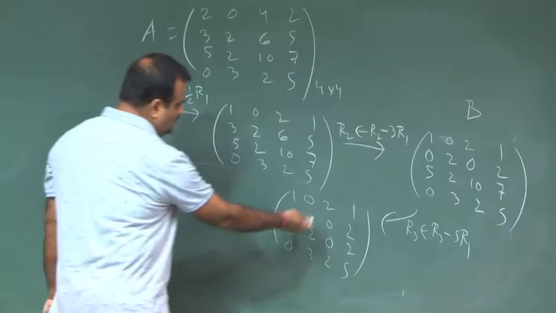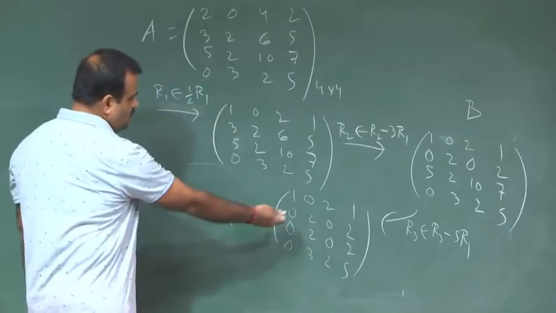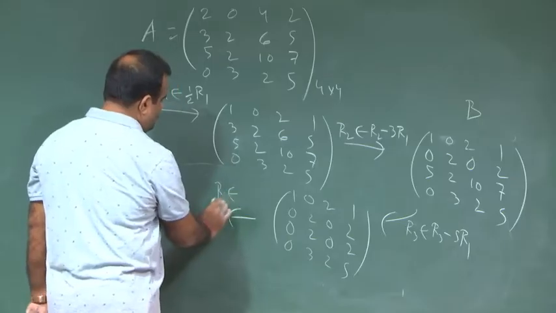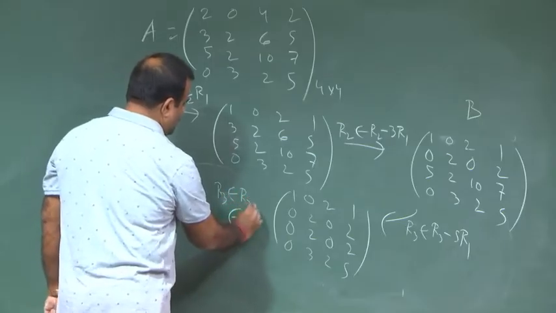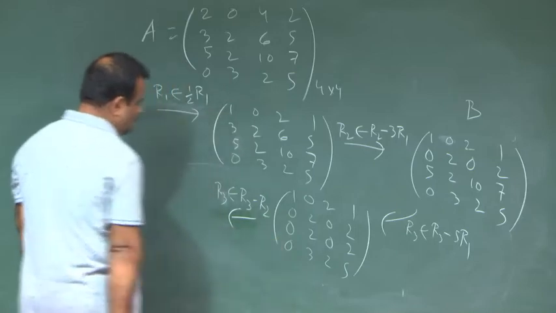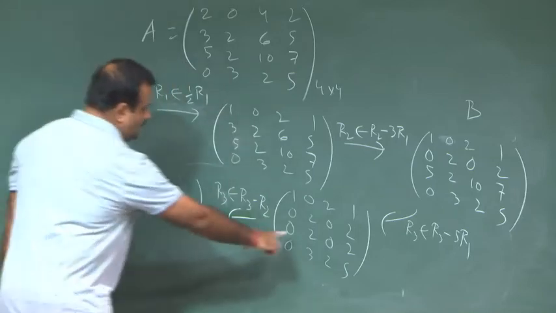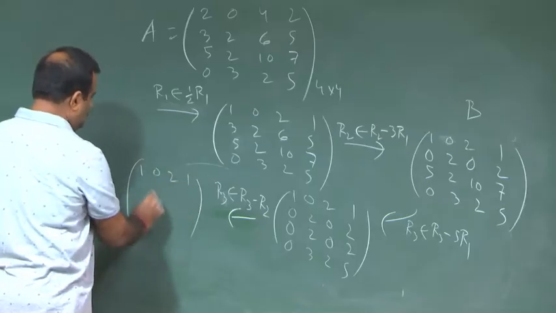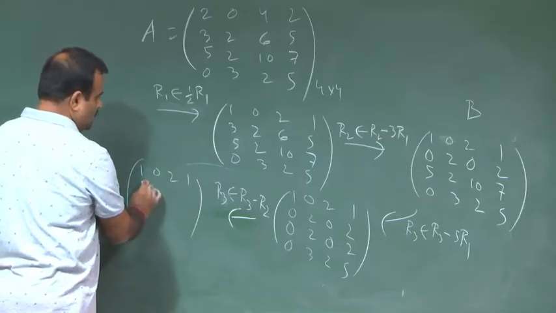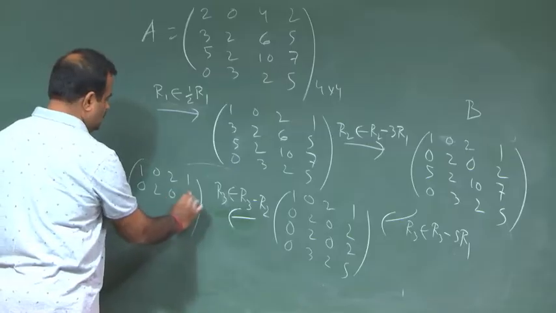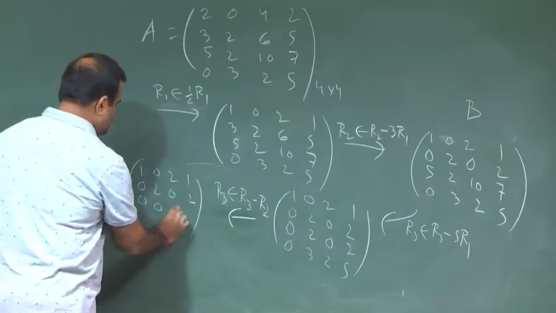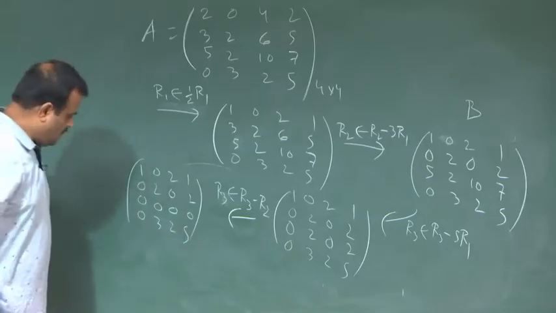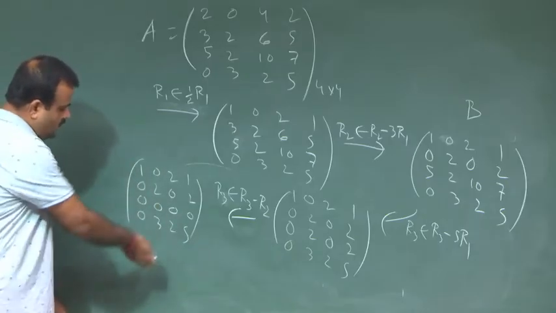If you subtract these two rows, then one will be 0. So, R 3 is going to be replaced by R 3 minus R 2. If you do that, then this will be 0 because these two rows are identical, 0 2 1 0. Then R 3 we are replacing, then these are all zeros. Now, we want to keep this zeros row at the end.